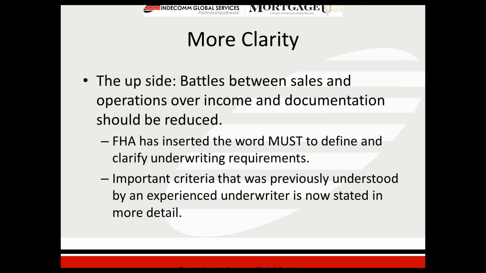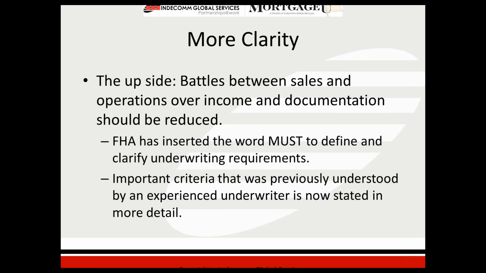The upside to the new 4000.1 handbook is that the discussions between sales and operations over income or documentation requirements should be reduced. You're going to find that with the new 4000.1 handbook, you'll see some clarity with the instructions stating that certain things must be done or certain documentation must be obtained for the file.